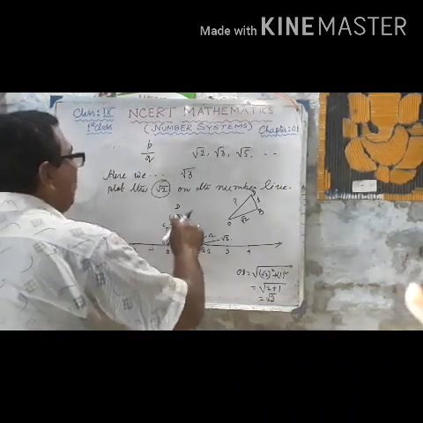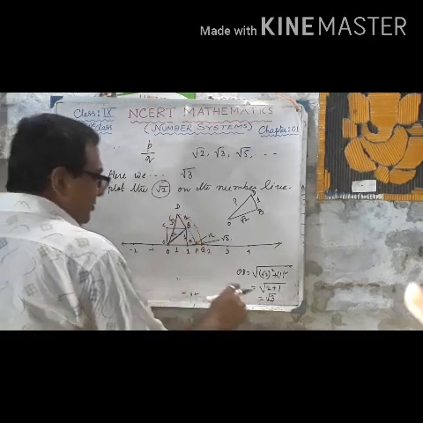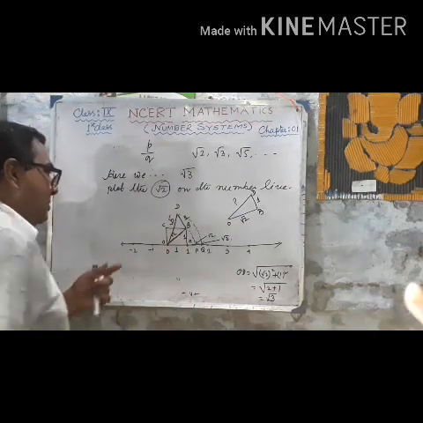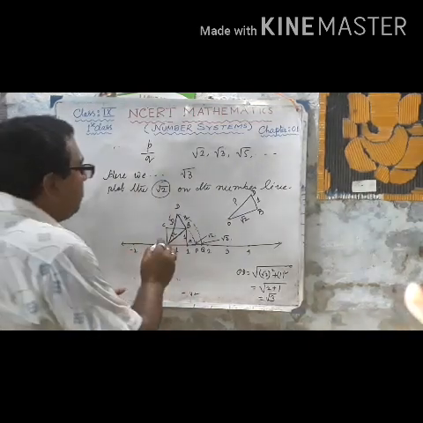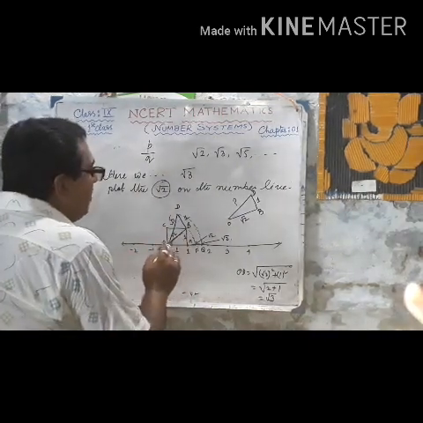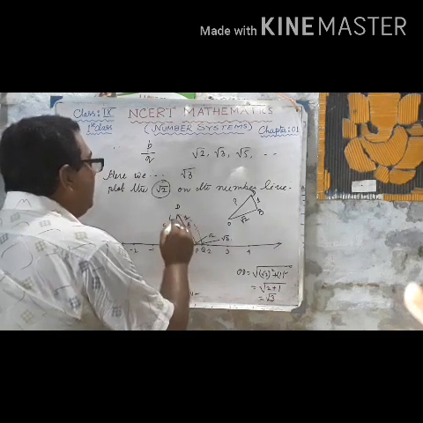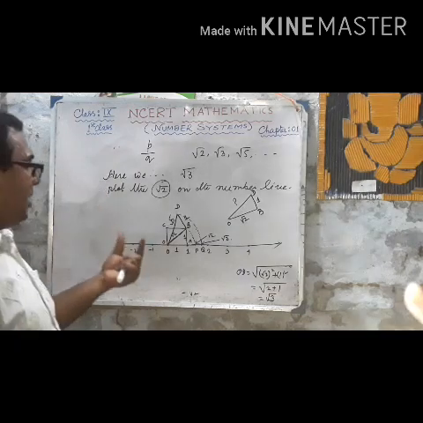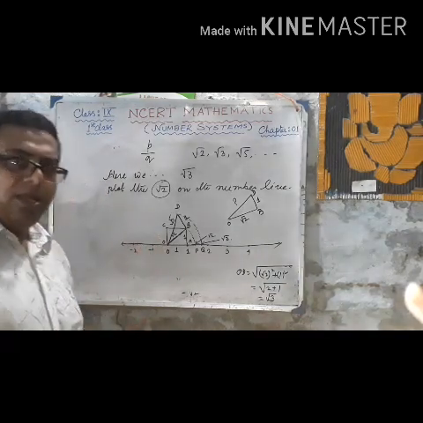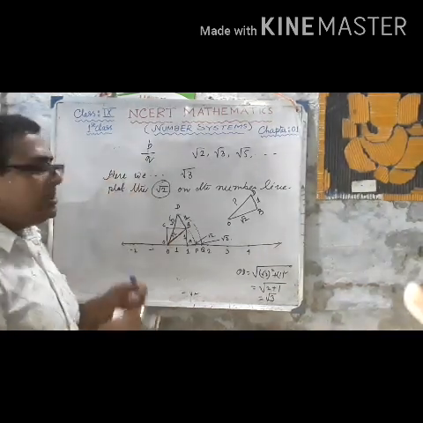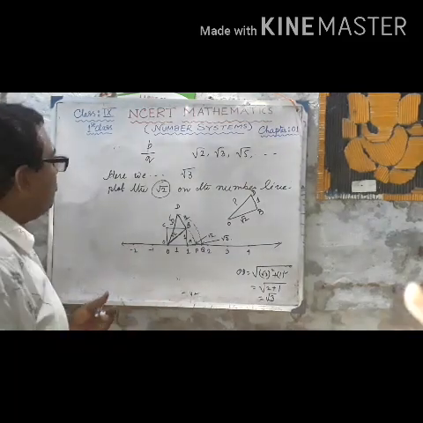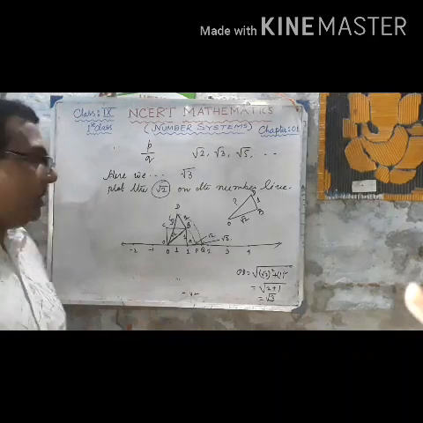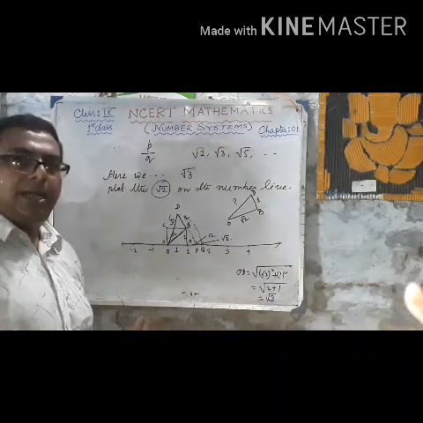Here, root 2 and 1 give root 3, and we have represented the two irrational numbers root 2 and root 3. In this process, you should try how to plot root 5 and root 7 on the number line.